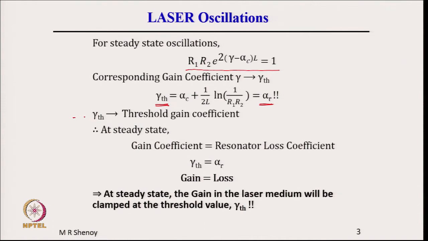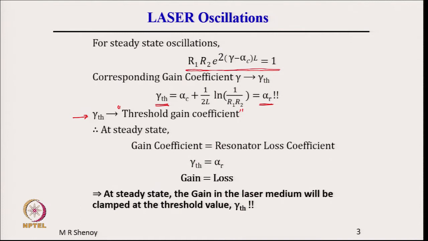The gain coefficient which satisfies this condition, the threshold condition here, is called the threshold gain coefficient, and at steady state the gain coefficient is equal to the resonator loss coefficient.